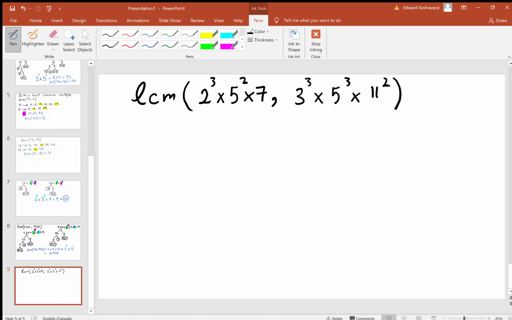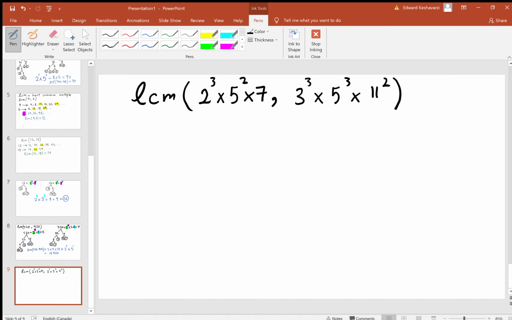Okay, so as I said, you are given these numbers after the standard prime factorizations have been completed. So you don't need to use a factor tree to factorize them.